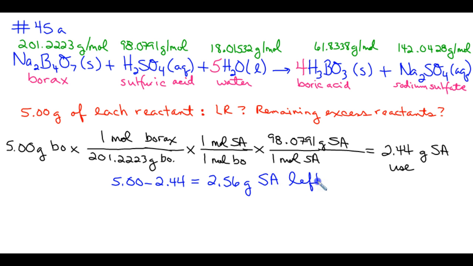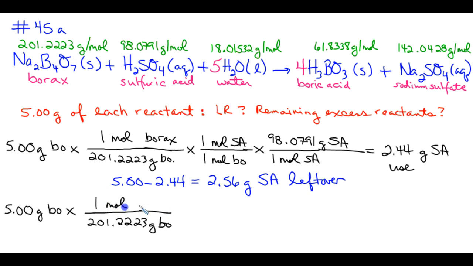Now, we do the same process to determine how much water is left over. Again, we start from our limiting reactant because that determines everything. So we have to start from the 5 grams of borax. And then we'll use our mole ratio. There is 1 mole of borax to 5 moles of water.